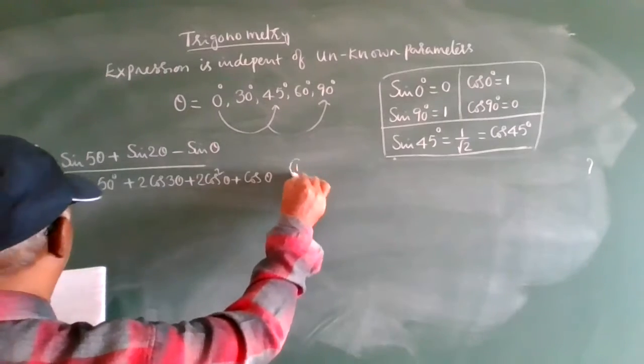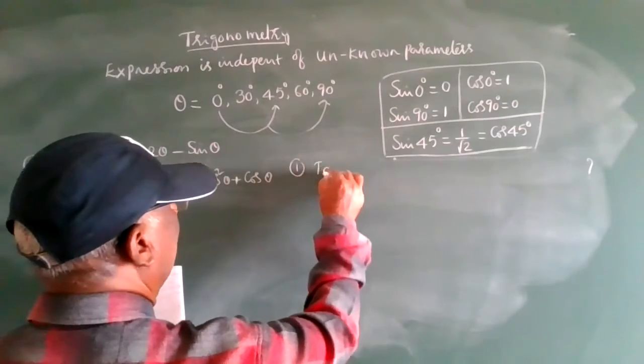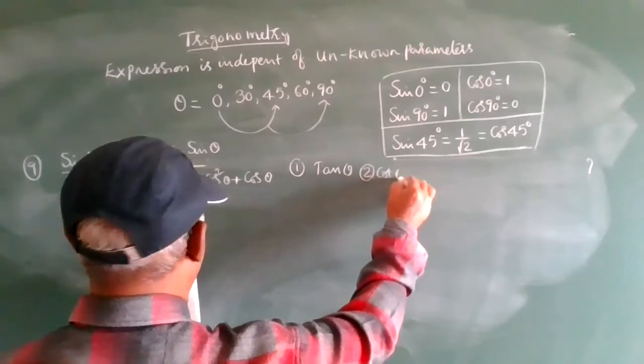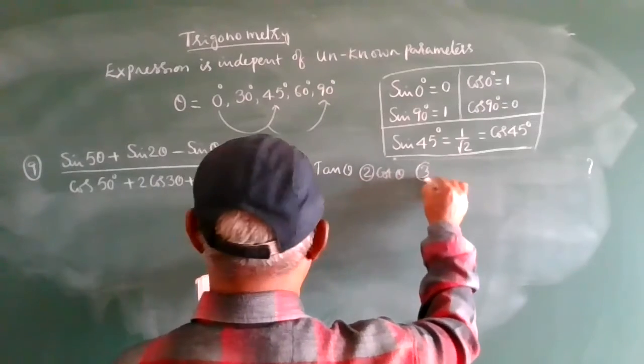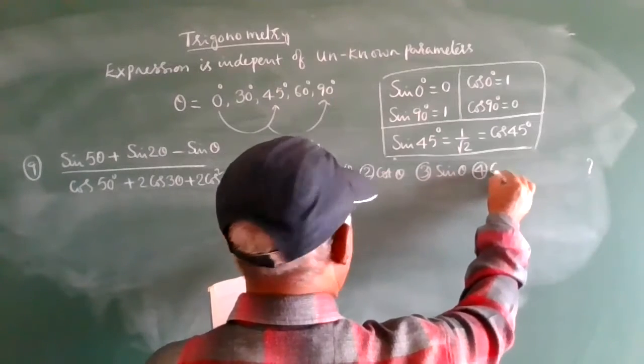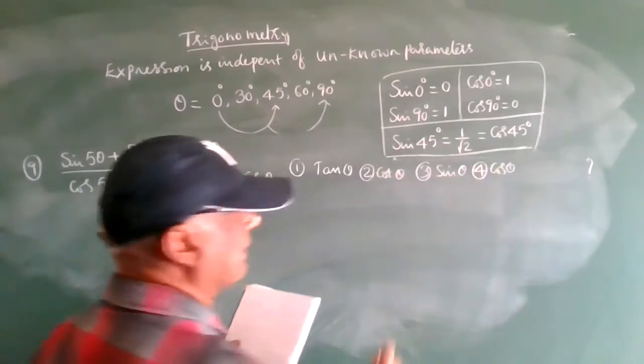Option one is tan theta. Second option is cot theta. Third option is sin theta. Fourth option is cos theta. These are the given options.